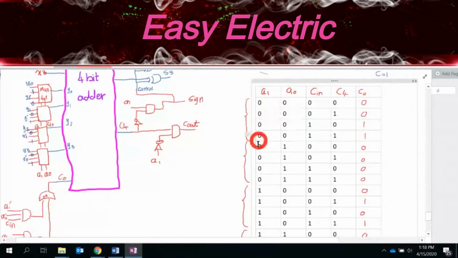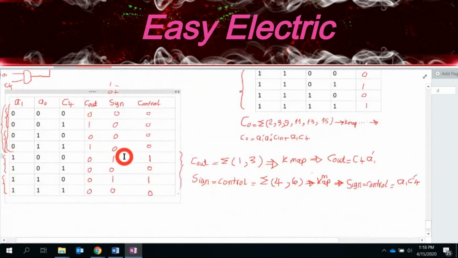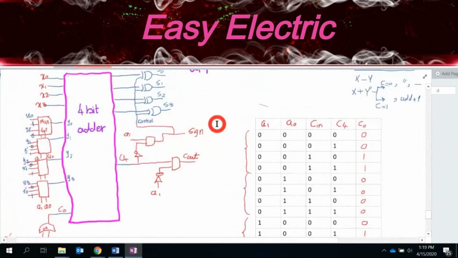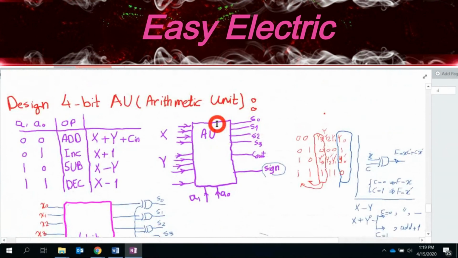So we know what should be on the left side of the truth table, but we fill out the right side based on the function that we want to have. Same thing for here. You complete the table, then you implement that output with the Boolean function. You make that simple. You got the simplest form, then you implement that simplest form with the gates and connect to the output pins that you want to have. Okay, so it is simple.